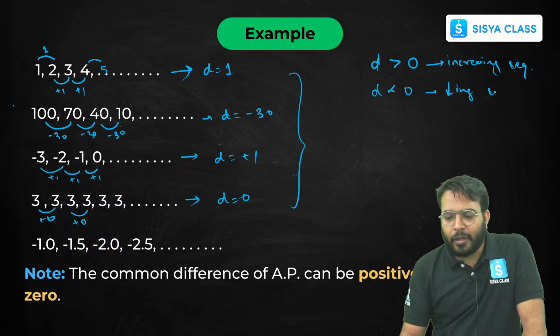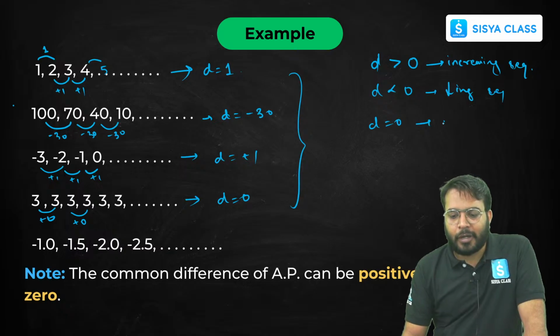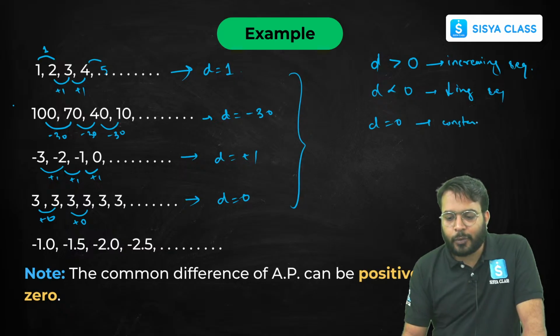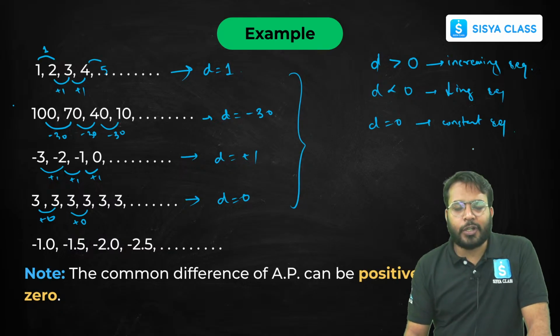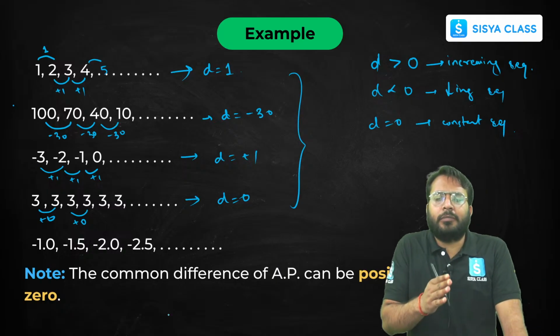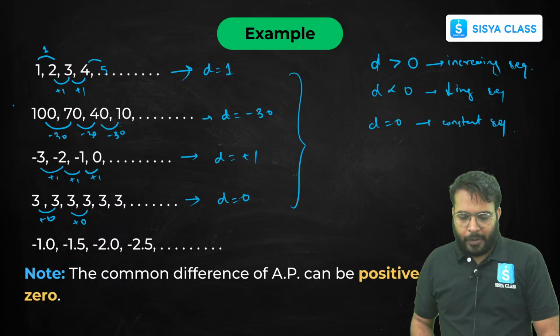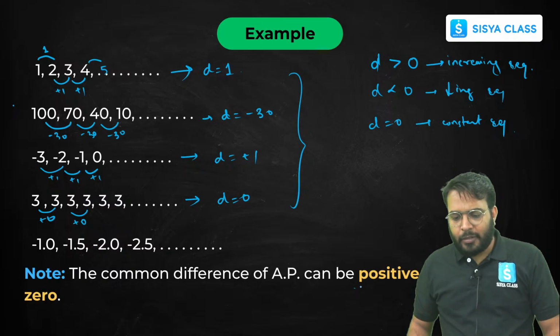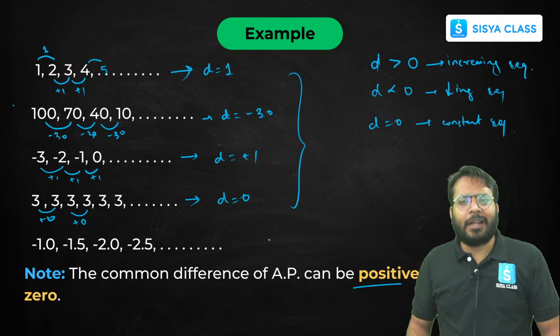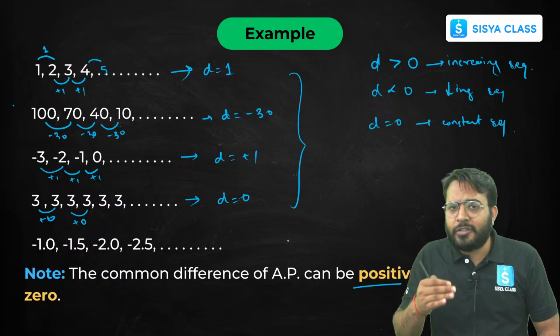If your common difference is equal to 0, you are going to get the same term, a constant sequence. Constant sequence means the same term you will get throughout the sequence. Note the point that the common difference can be positive, negative, or even 0 also.